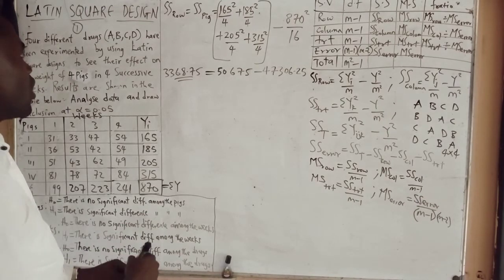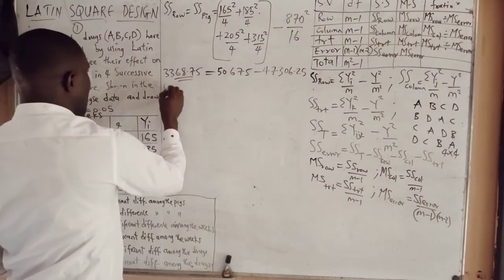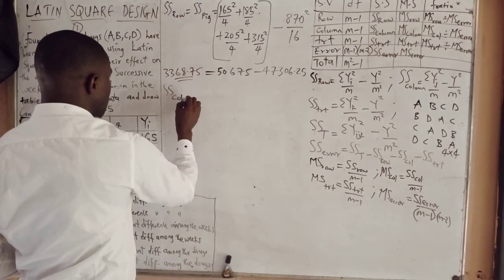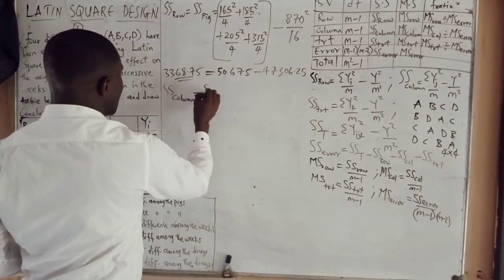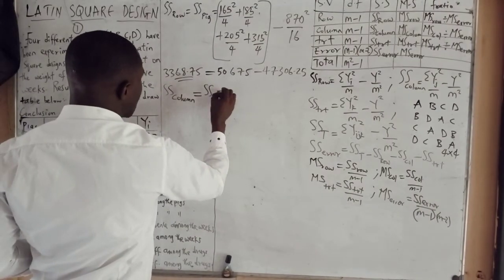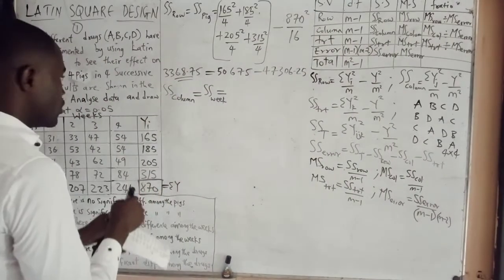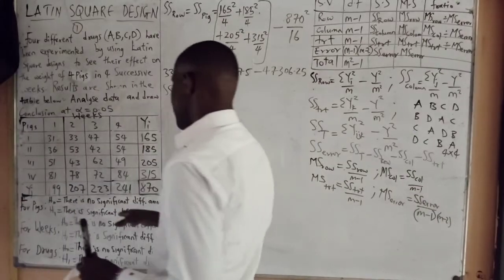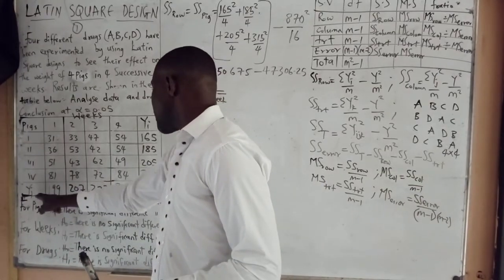Okay, we now go to SS column. SS column means SS week. SS for the one of week, and that is equal to, we go to the one of week. The one of week is this.